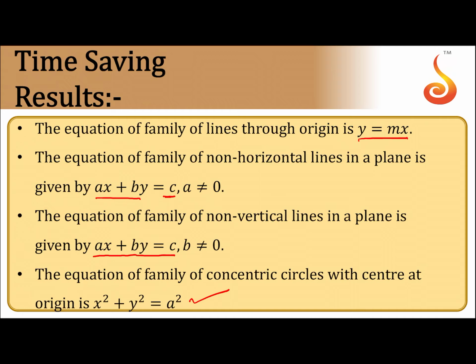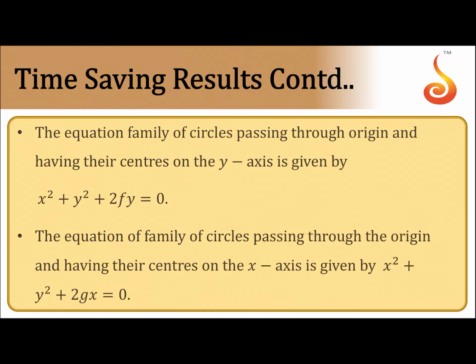It is not much important, but just remember all these facts, you know them very well. The equation of the family of circles passing through the origin and having the center on the y-axis is given by x square plus y square plus 2fy equal to 0. The circle chapter you have also studied. Equation of the family of circles passing through the origin and having their center on the x-axis is given by x square plus y square equal to 2gx. This also you have studied in the circle chapter.